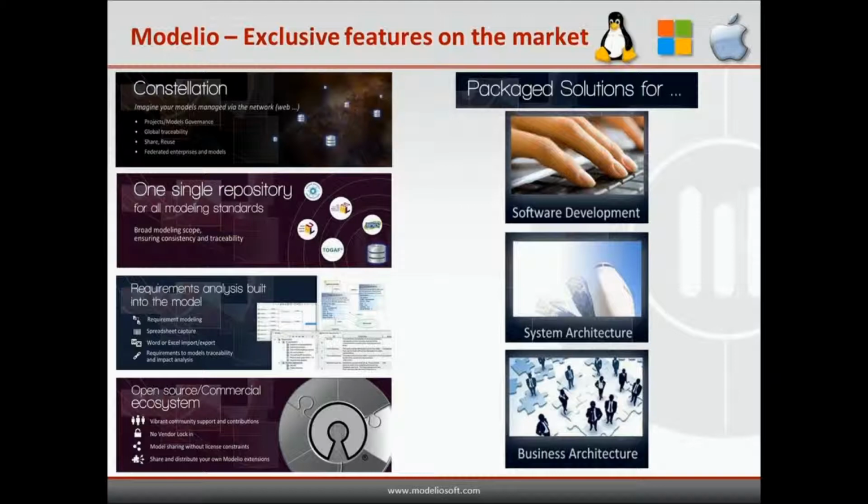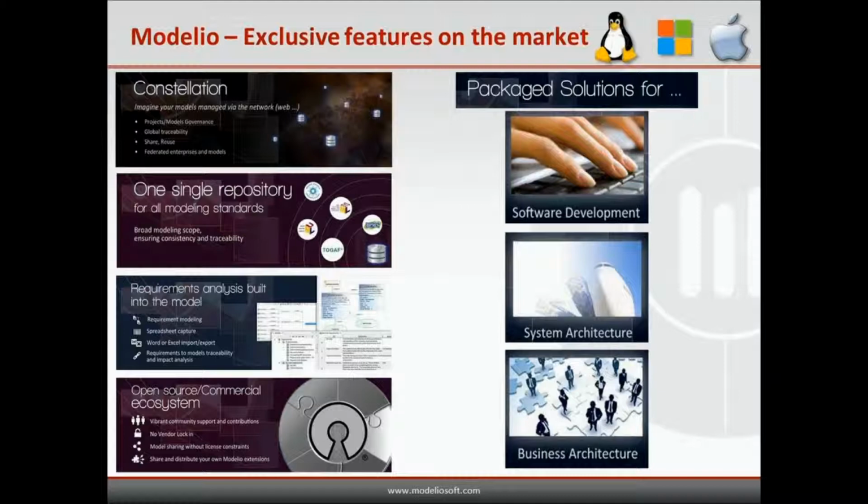Another important feature is that requirement analysis is built into the model. Modelio supports requirements modeling within the model, can be coupled to an external requirement analysis tool, and therefore offers very wide requirement-to-model traceability and impact analysis features.